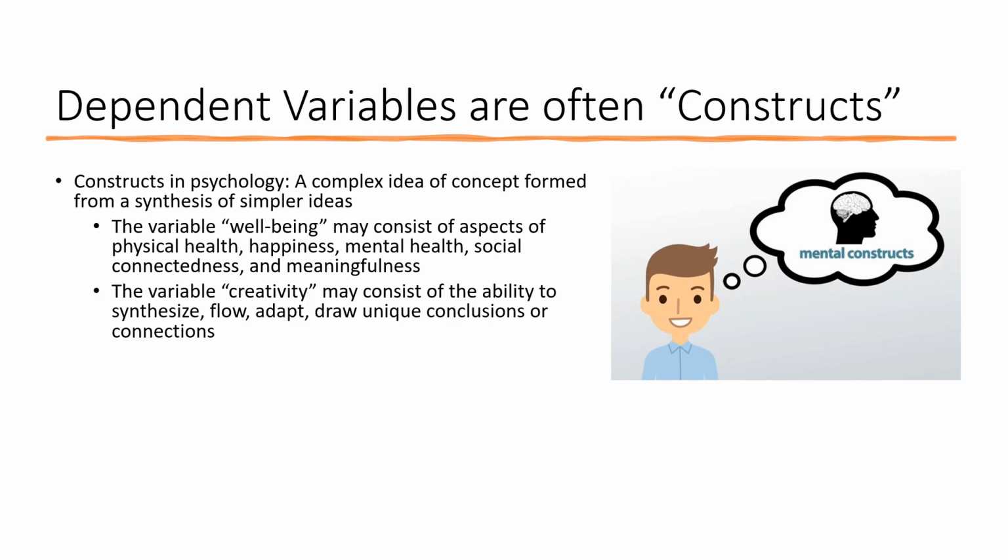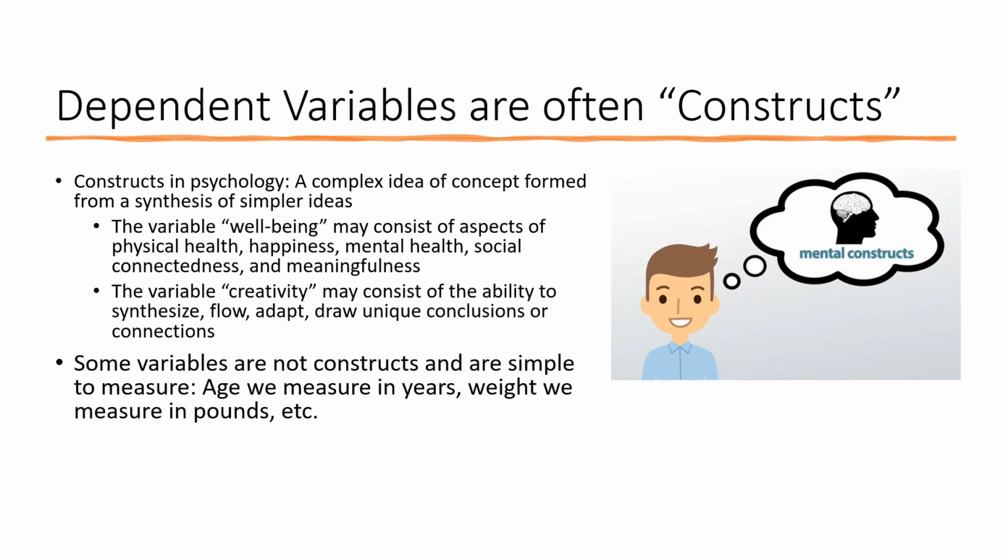Or the variable creativity might consist of the ability to synthesize, flow, adapt, draw unique conclusions or connections. And again, all those kind of vague ideas come together to form this bigger concept we call creativity. Now, of course, some variables are not constructs, or we're really able to measure them.